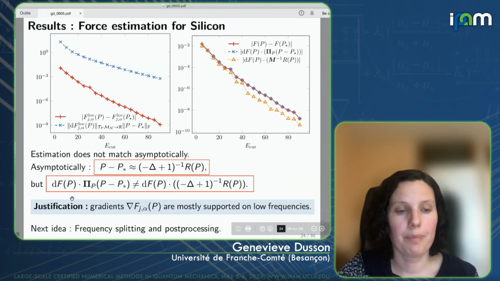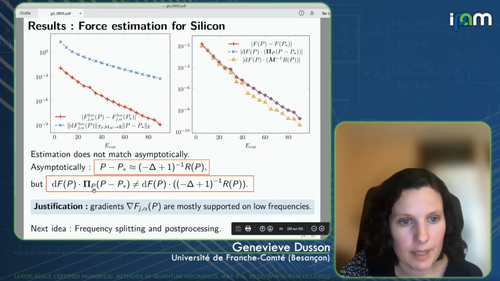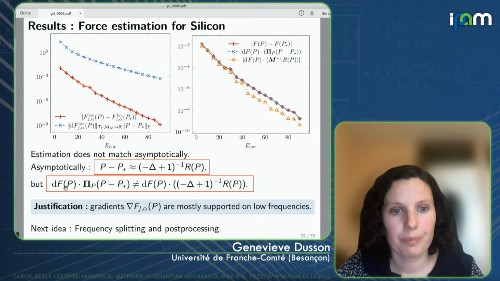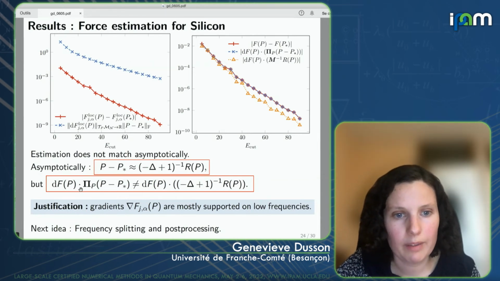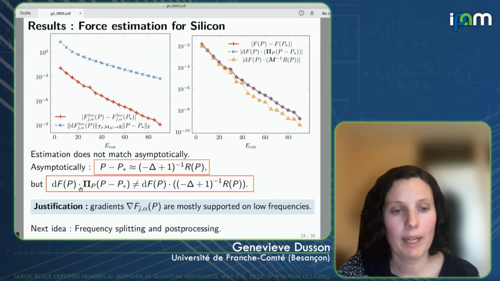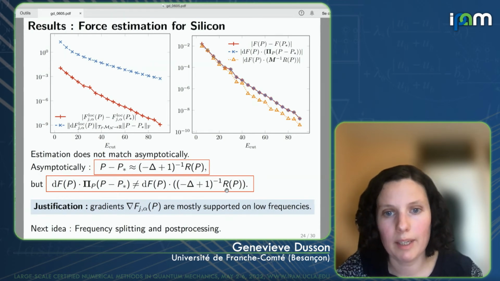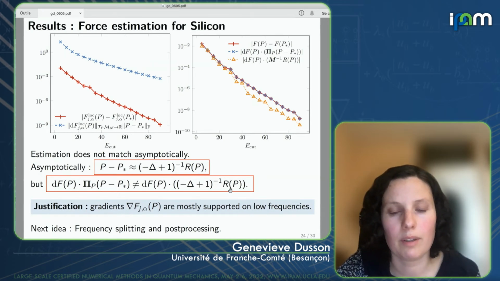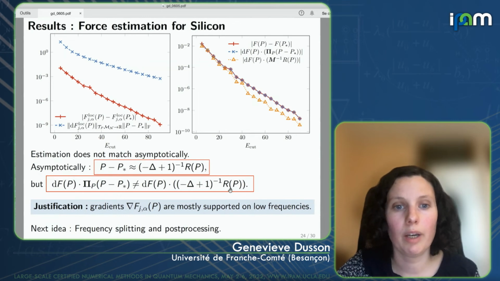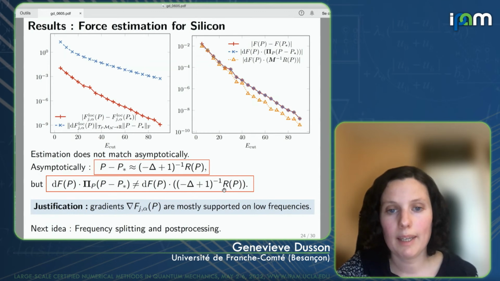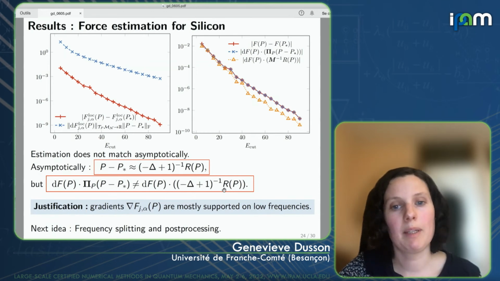And so the reason is that, if we look at this here, we have a scalar product here. And in fact, what happens is that the residual here, since we consider the solution converged after all the SCF iterations, is supported only on high frequencies.